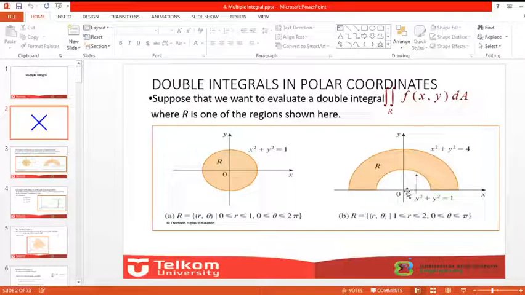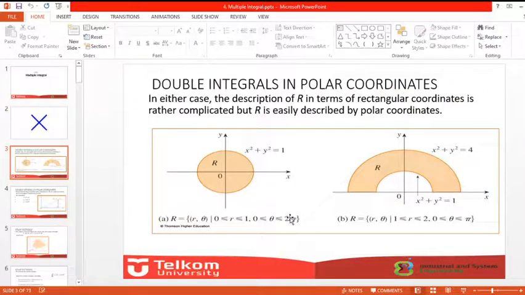So r is from 1 until 2 and the angle theta is from 0 until π. Why until π? Because this is only half of a circle. Both of them are half circles. Okay, so we can determine that this is the region, so we can find the area.